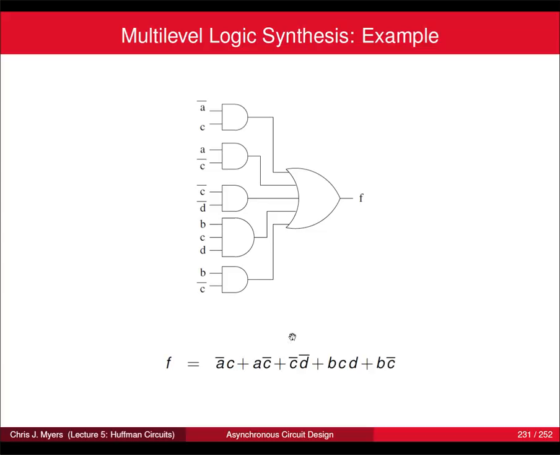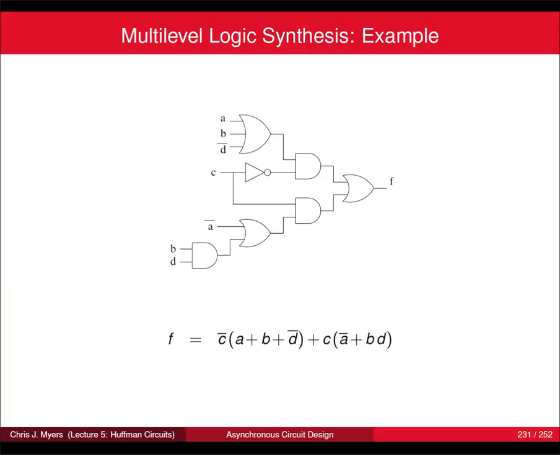So here's an example. This is actually the example we derived earlier for the burst mode example I did earlier. And we have a 5-input OR gate, and there aren't any families of 5-input OR gates. So we want to optimize this. So we can do things like apply the distributive law, because it's hazard preserving.